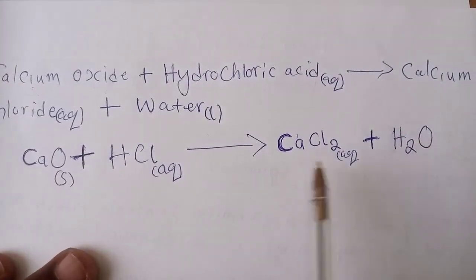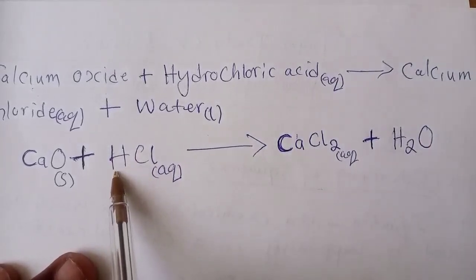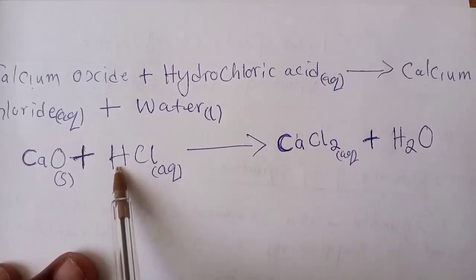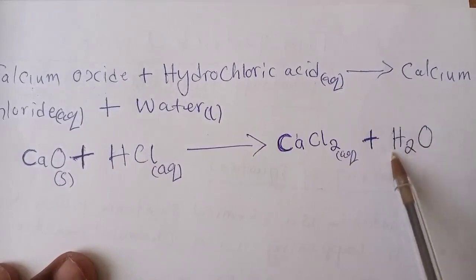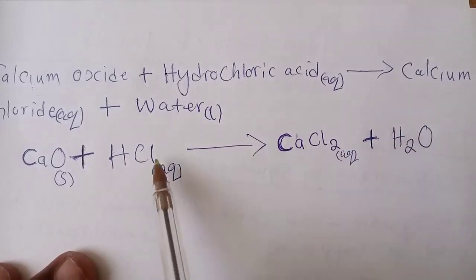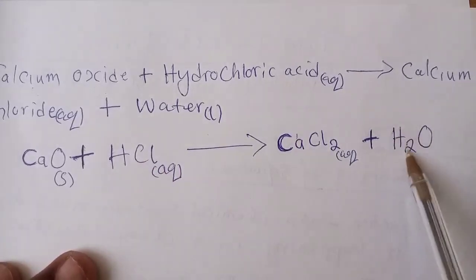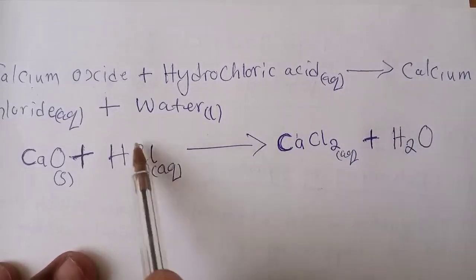Let's go to hydrogen. For hydrogen, we have 2 here. How about this side? This side we have 1. So how do we balance it? This side we have 2, this side we have 1.